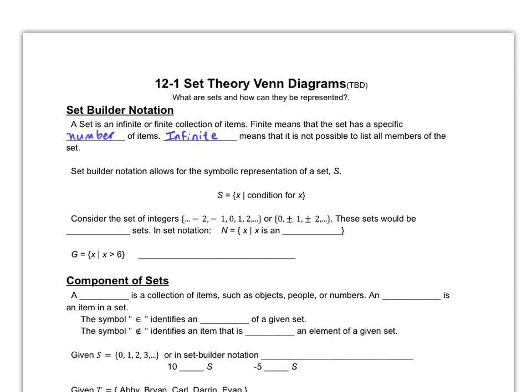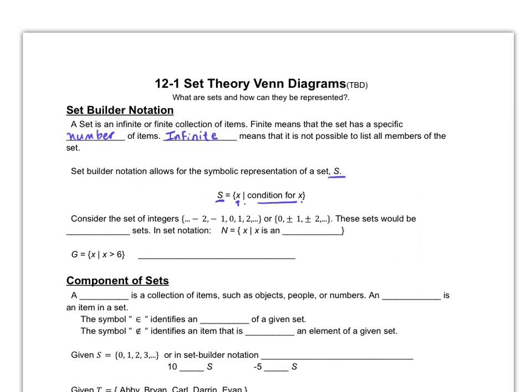Set builder notation allows for the symbolic representation of a set. So if we look here, we have set S, and it's for all values of x such that the condition for x applies.